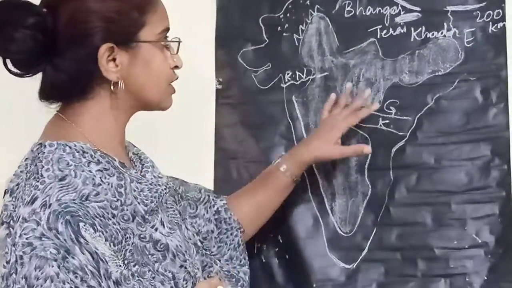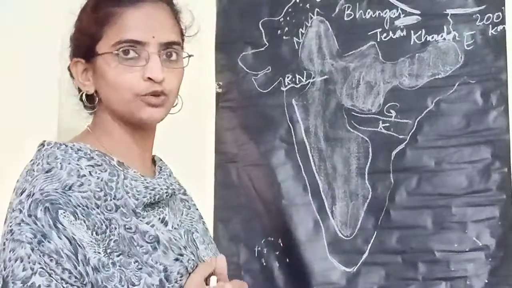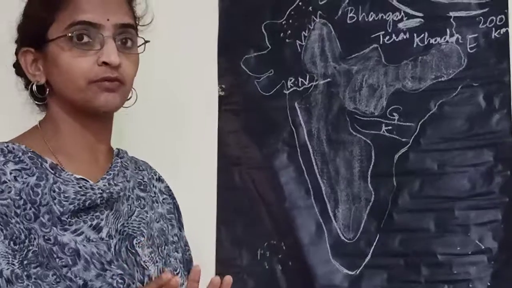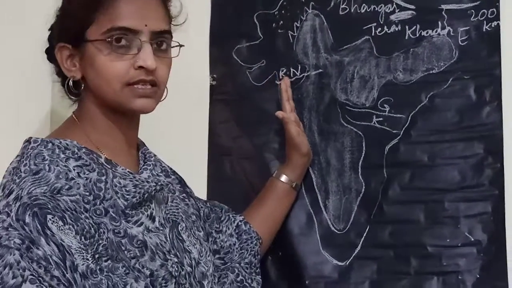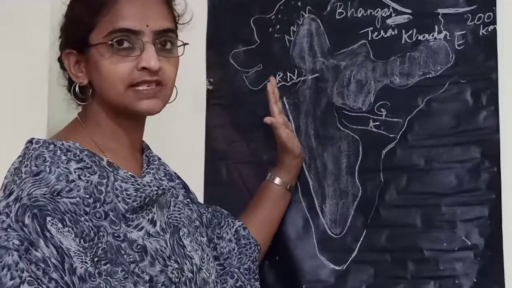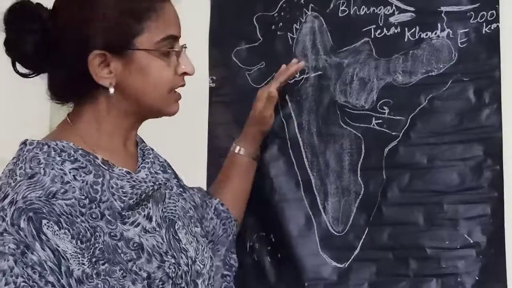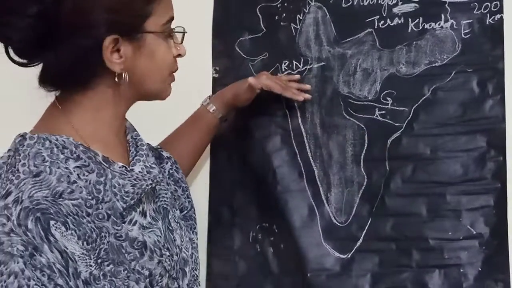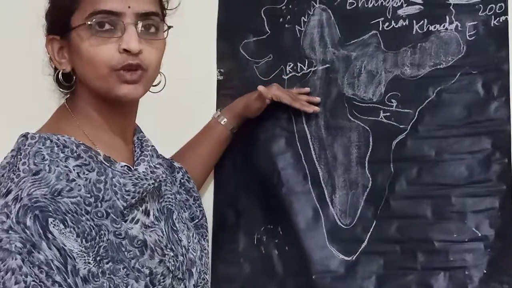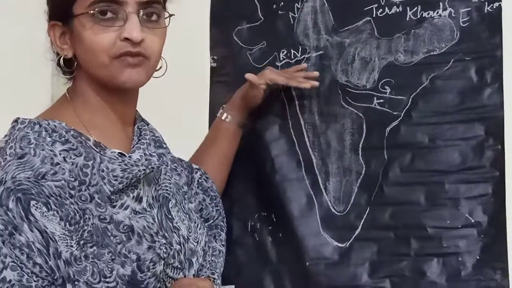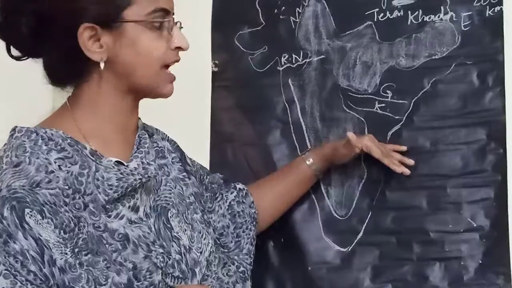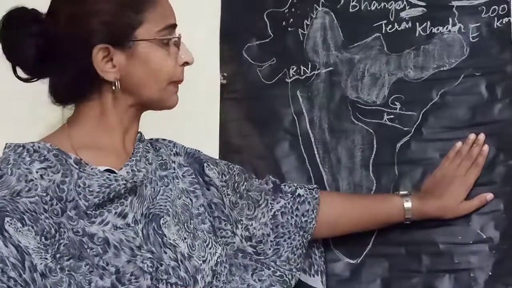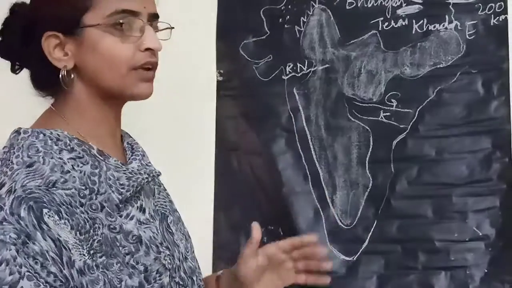That means in the Deccan Plateau, in the south part of India, all the rivers originate from the Western Ghats. Because it has the highest elevation, the slope is towards the east, so all the rivers flow from west to east, finally joining the Bay of Bengal.